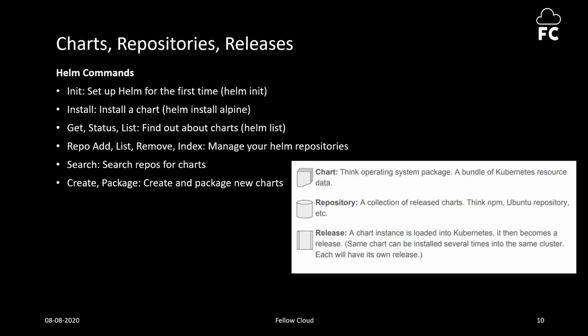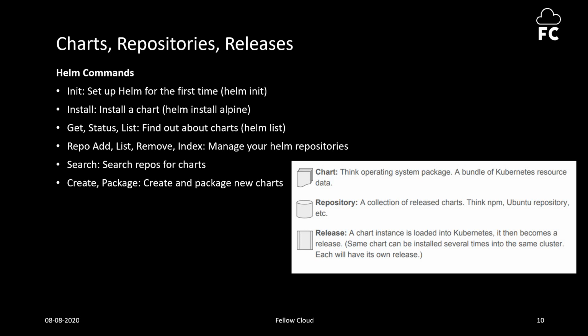Similarly, you can have get, status, list. There is already a bunch of stable charts available in Helm, and if you want to find out which stable chart to use, you can use helm search. And the last ones are helm create and package.